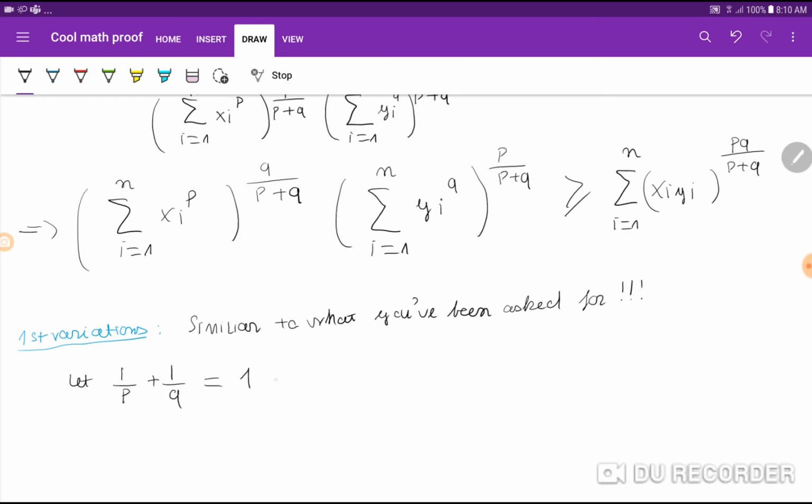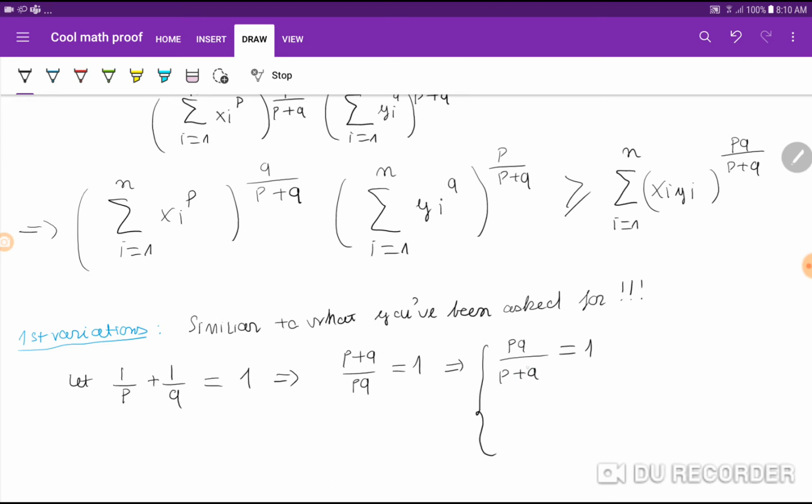Okay, so what will we have? We will have P plus Q over PQ equal to 1, right? If you flip them, PQ over P plus Q equals 1.